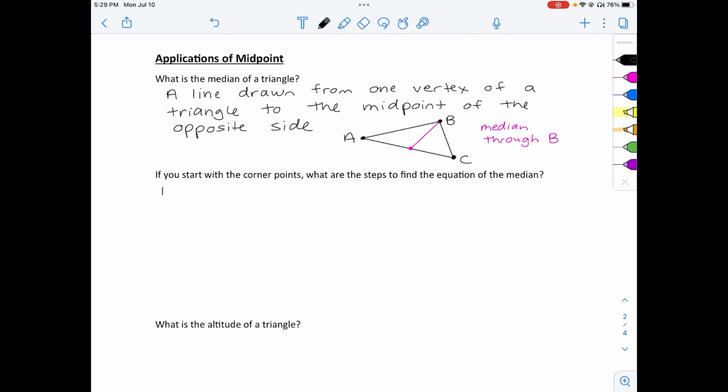The first step is you want to find the midpoint of the line segment that is opposite of the vertex you're working with. So we will say find the midpoint of the side opposite to the vertex that you want.